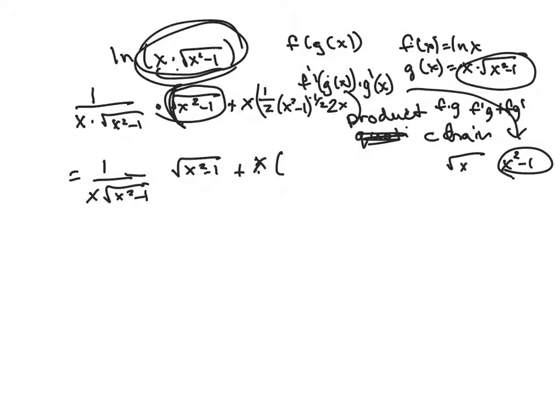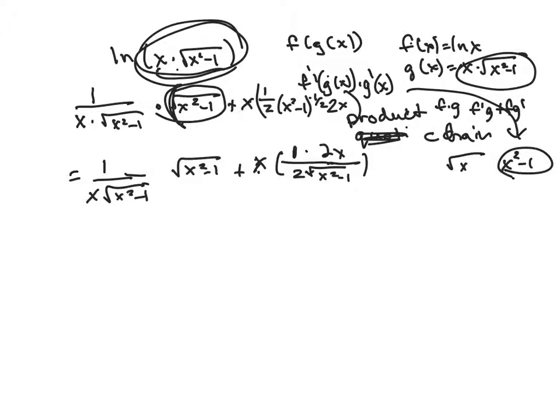Since this is to the negative 1/2, it's 1 over 2 square roots of x squared minus 1. And then I still have 2x at the top, so times 2x. Okay. This is just gross.